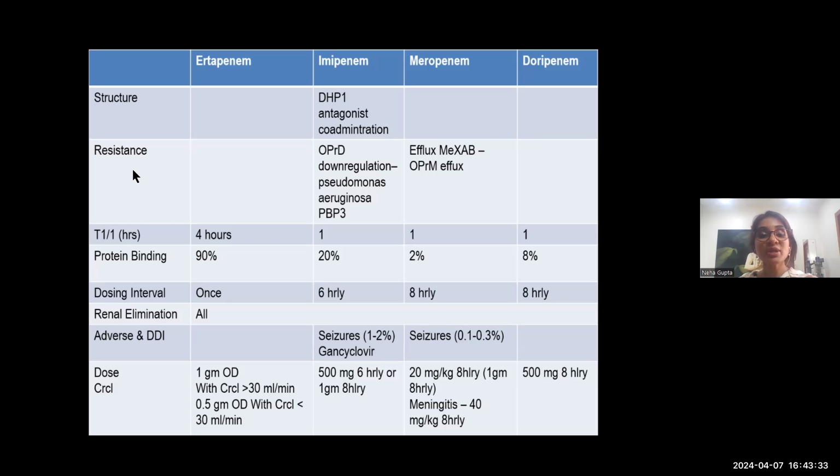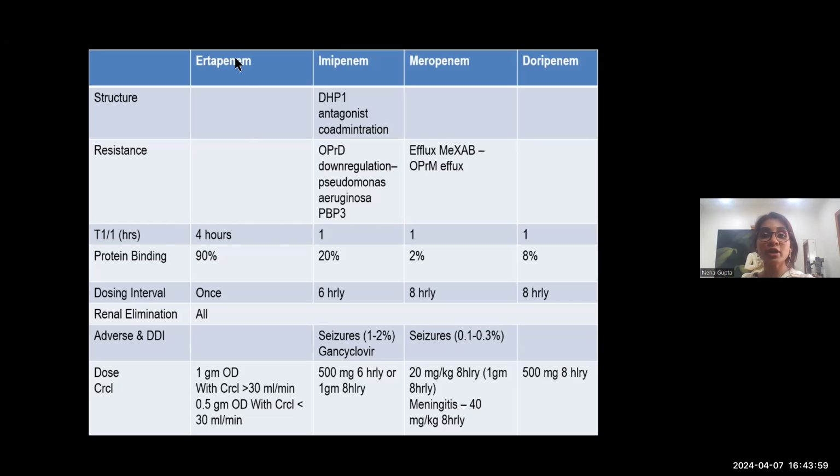There are some basic differences in the resistance mechanisms. Efflux pumps are more active for meropenem resistance, whereas downregulation of OprD along with the background of AmpC confers resistance to imipenem in Pseudomonas aeruginosa, and alteration in penicillin binding protein 3 in E. coli confers resistance to the carbapenems.